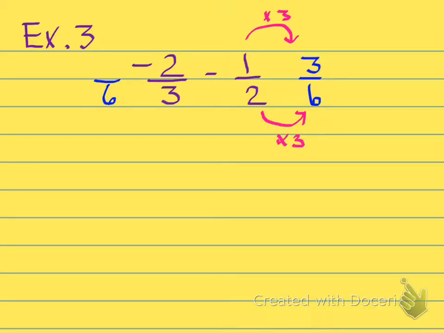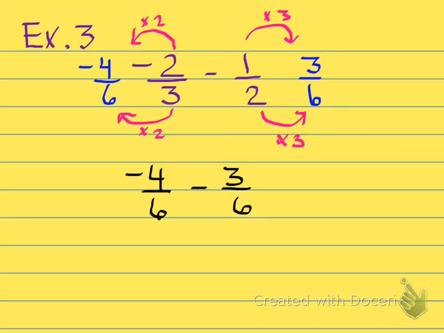So now we're going to also look over here, and in pink, I'm going to do 3 times 2 to get to 6. And now we do have that negative number. So 2 times -2 is going to give me -4. I'm going to rewrite my new problem. So I'll have -4/6, minus 3/6.